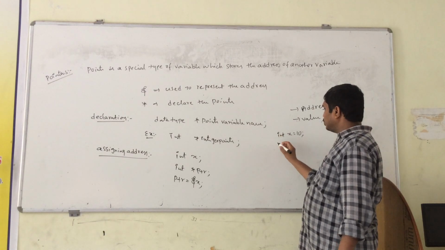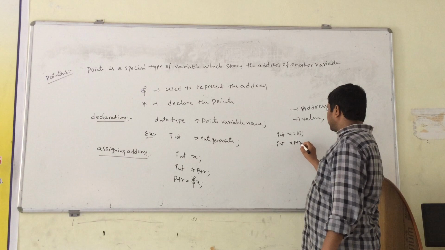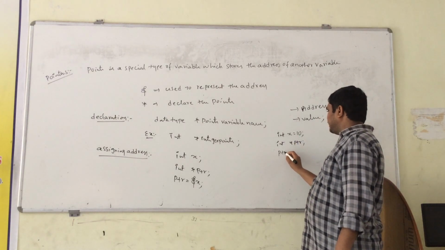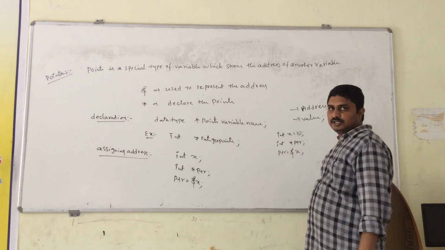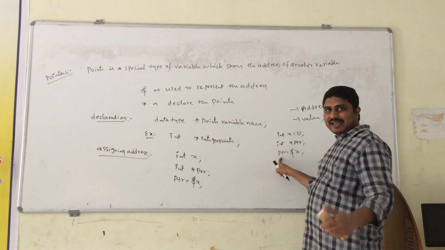I need one more integer pointer, so int *ptr. I want to store the address of x, so we use ptr equal to &x. With this pointer we can access two values.